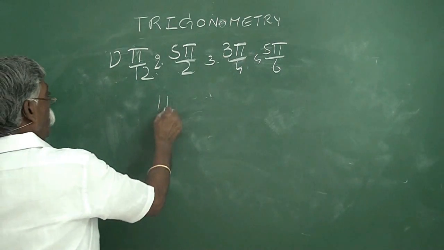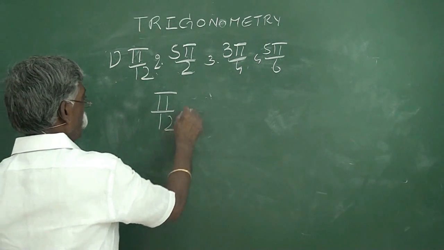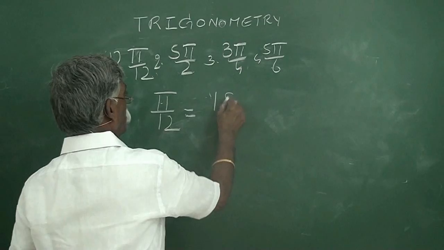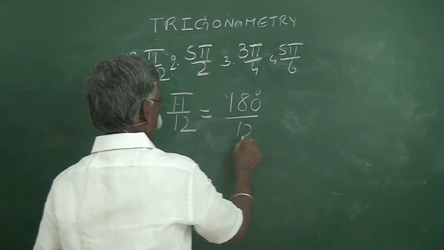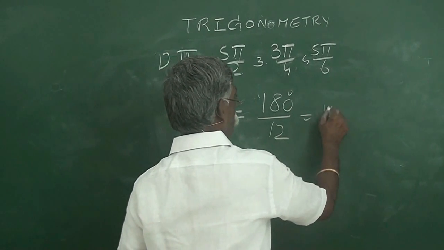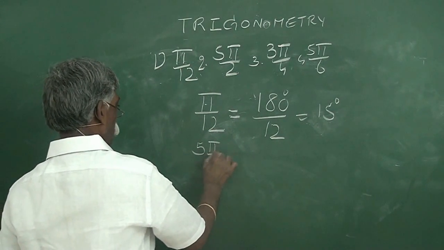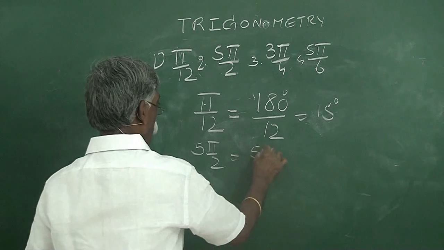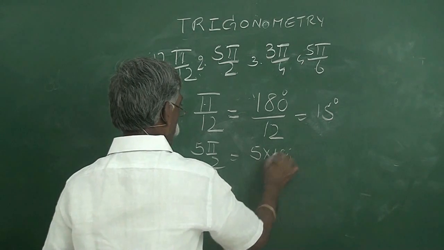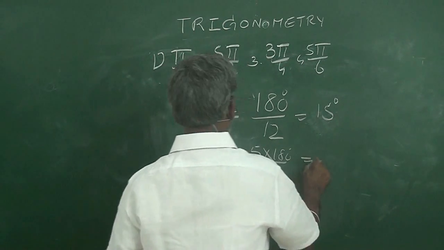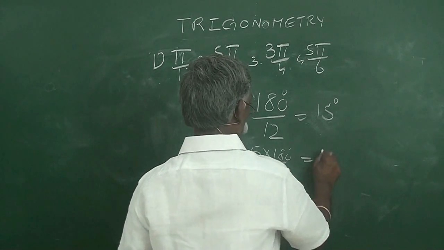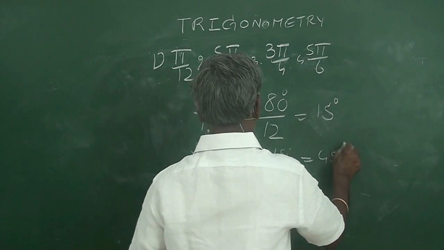Now pi by 12 radian, pi is 180 degrees by 12, therefore this is 15 degrees. And 5 into pi by 2 is 5 into 180 degrees by 2. So therefore it is 450 degrees.